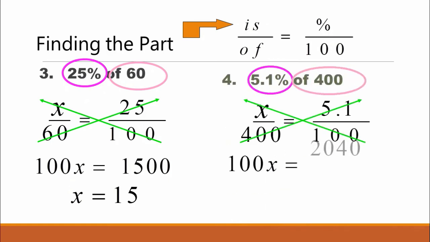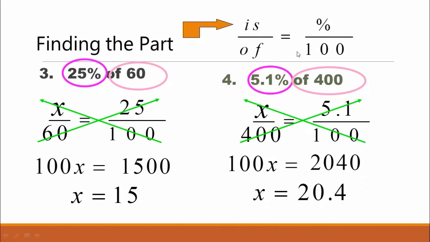Now, another example shows how to find the part for a description of a percentage. In this example, dear students, there are two examples by which we can find the part using this formula: is divided by of is equal to percentage divided by 100. So 25% of 100 is what number? It means the part is missing.